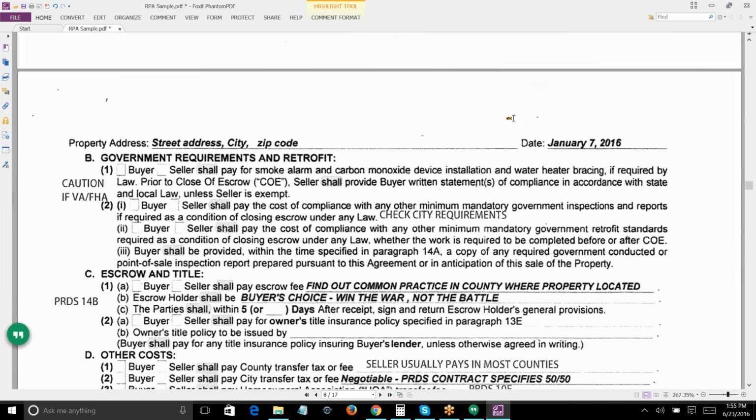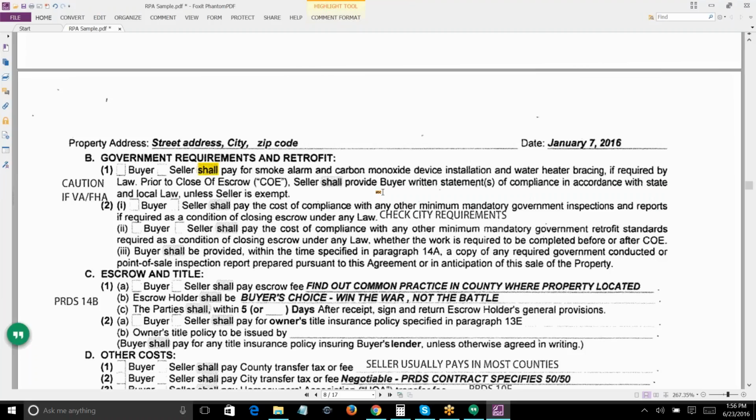Government retrofit, seller shall pay. I generally would check that the seller shall pay for smoke alarms, carbon monoxide, and water heater bracing if required by law. And notice it says caution if FHA or VA.